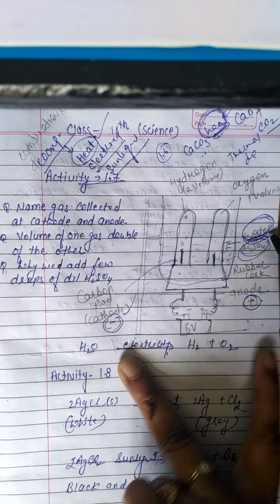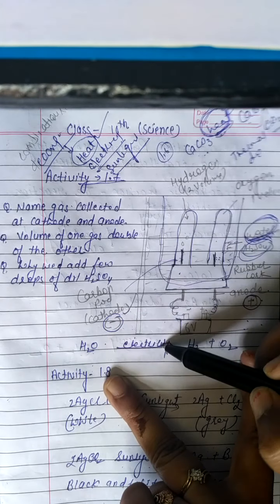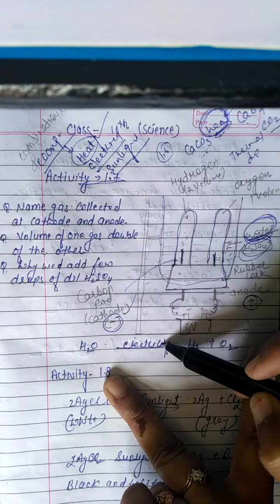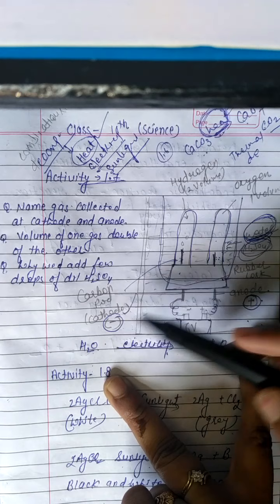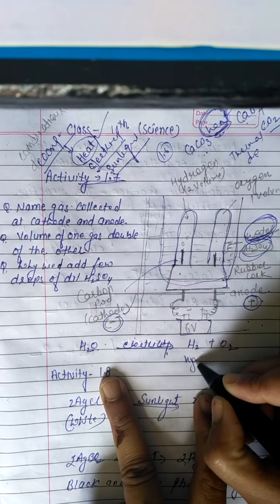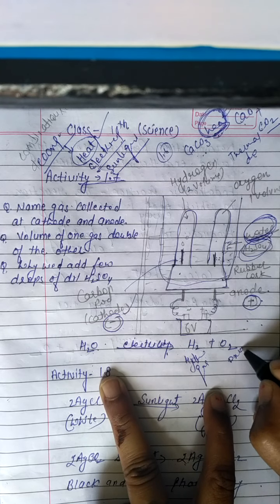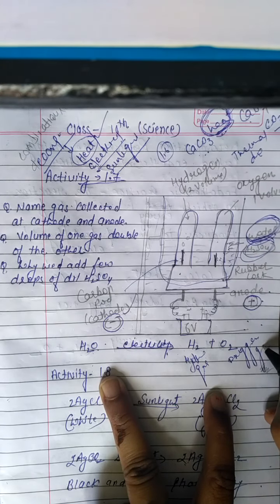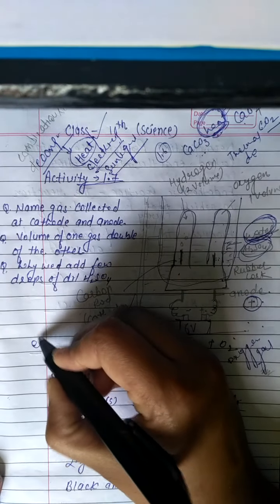The formula for water is H2O, and the reaction takes place in the presence of electricity. When the water molecules break down, they form H2 hydrogen gas and oxygen gas. This is an example of electrolytic decomposition.